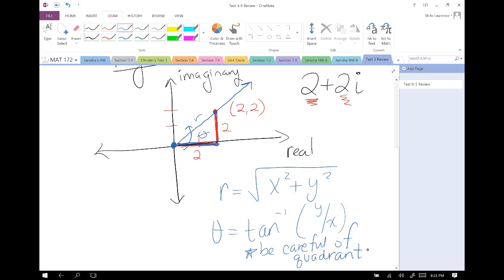So instead of writing it in the format 2 plus 2i, which might be called standard notation, trigonometric notation is going to get there directly from 0, 0 along a straight line at a certain angle.